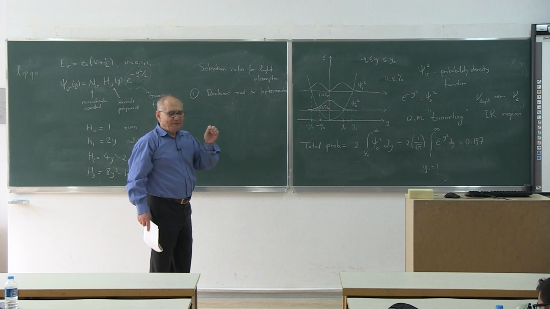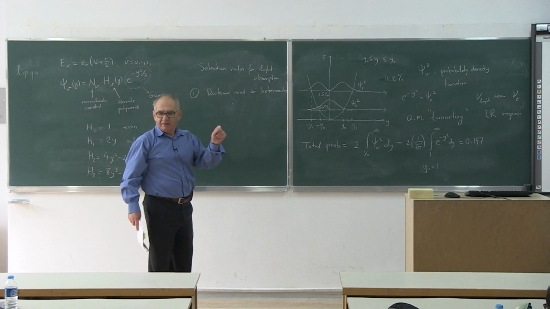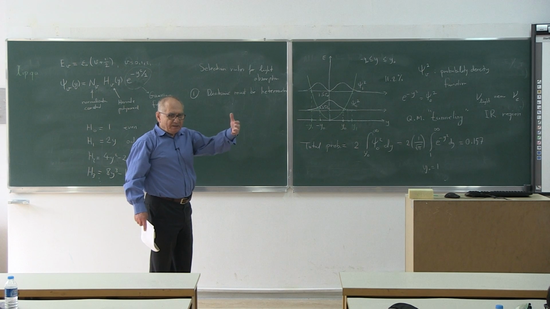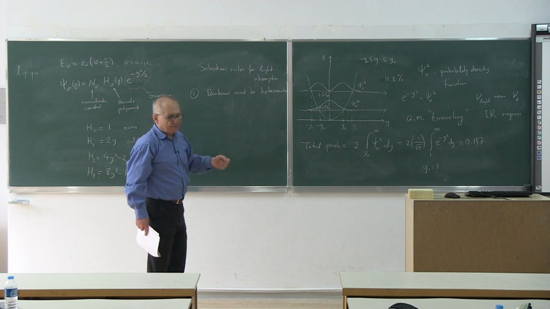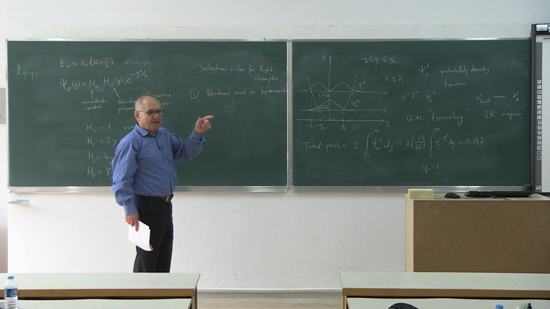Only for polar type molecules, when the two atoms are different in the diatomic, infrared photons will be absorbed, such as hydrogen chloride or hydroxide, OH. Those are heteronuclear diatomics, and they will absorb infrared, but not homonuclear.